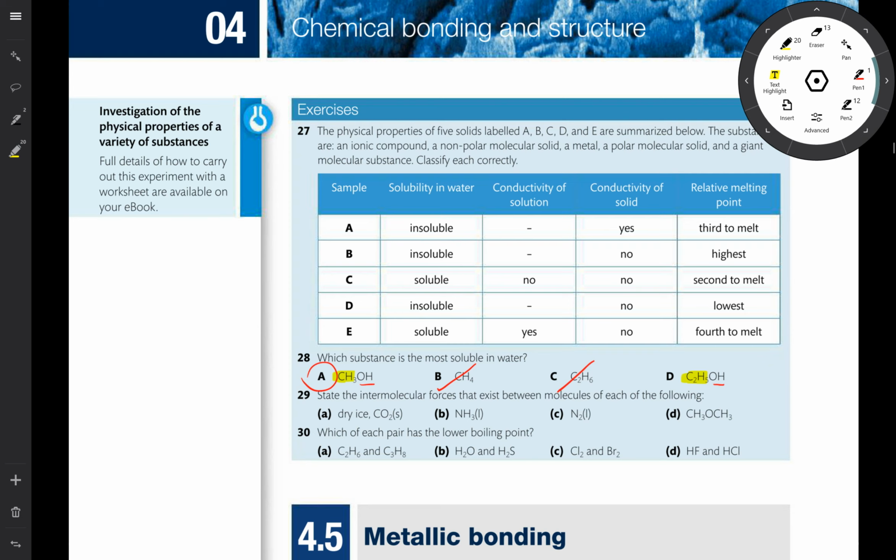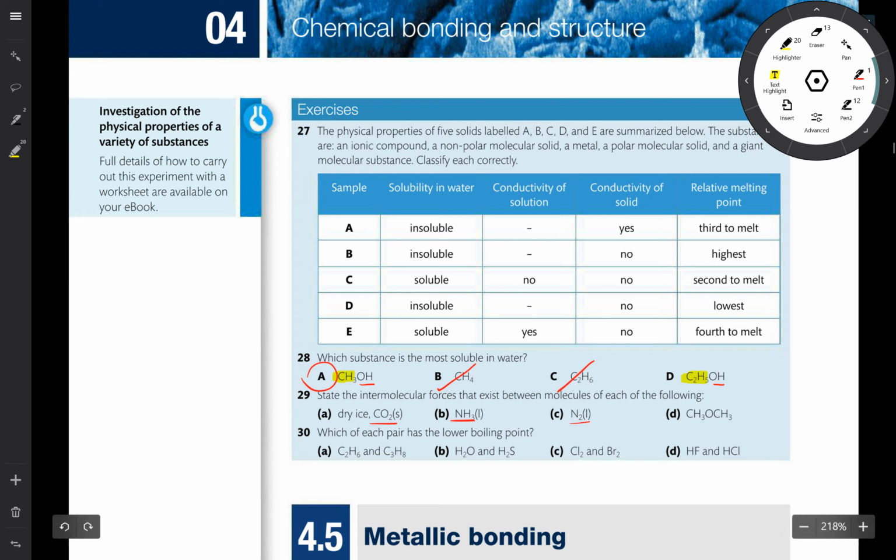Question 29. State the intermolecular forces that exist between the molecules of each of the following. Dry ice, CO2. You know that CO2 is nonpolar molecule, so the only force of attraction between its molecules is London dispersion forces. NH3, it's a polar molecule, so it has London dispersion force, dipole-dipole attractions, and also hydrogen is connected to the nitrogen, so it can have hydrogen bonding.